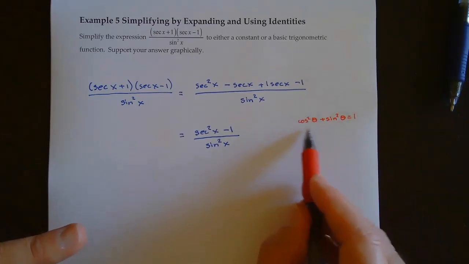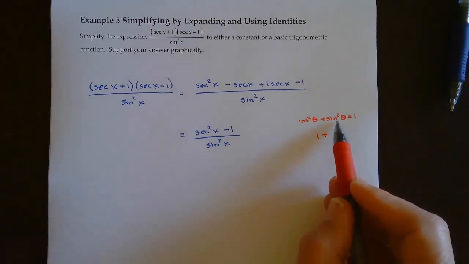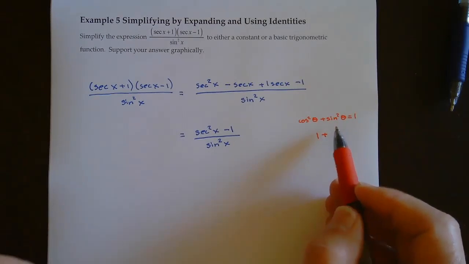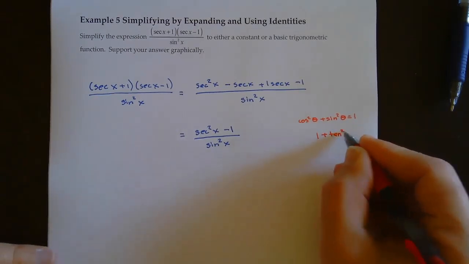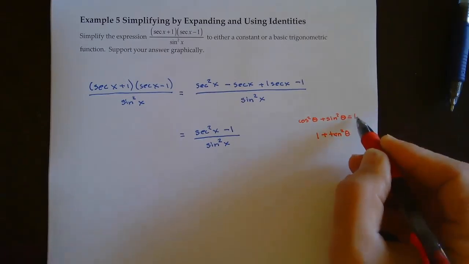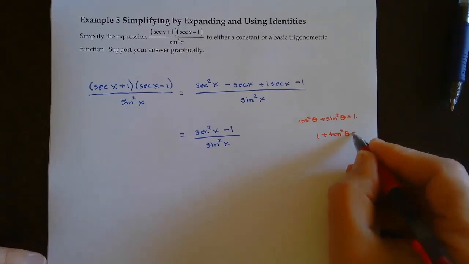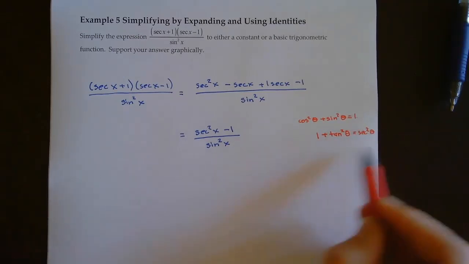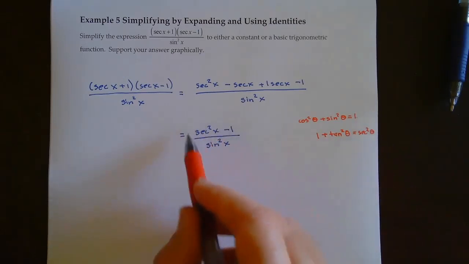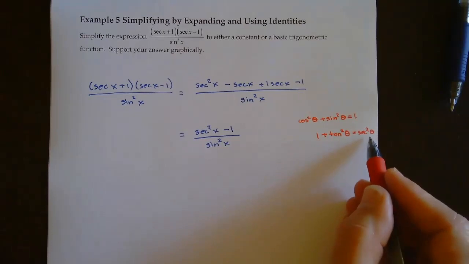So what happens when you divide cosine squared theta by cosine squared theta? You get 1 plus. What happens when you take sine squared theta divided by cosine squared theta? You get tan squared theta. What happens when you take 1 and divide it by cosine squared theta? You get secant squared theta. Can I manipulate this and get this one? And you can by moving this 1 over, right?